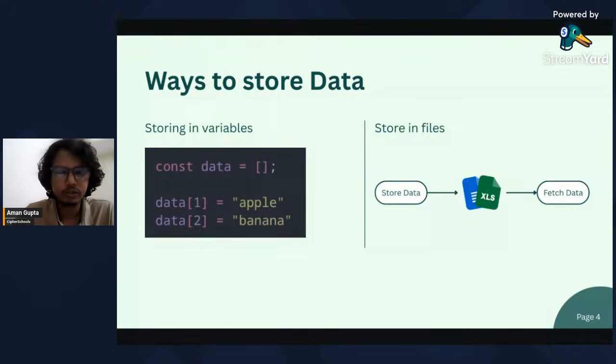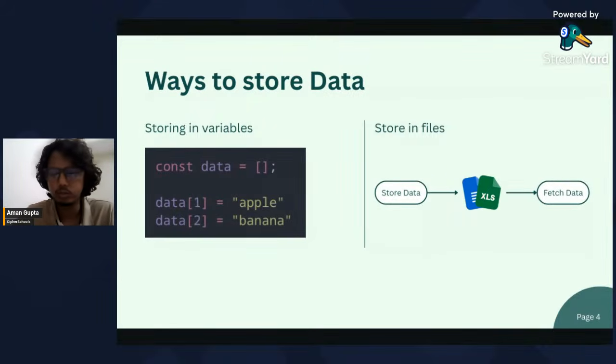The second way of storing data would be storing it in files. For example, you make a txt file, or a csv file, excel file, google doc file, and you can store all the data over there. So that is also one way to store data in our computer. I have one question for you all. Considering we have these two ways of storing data, why should I use a database like MongoDB?